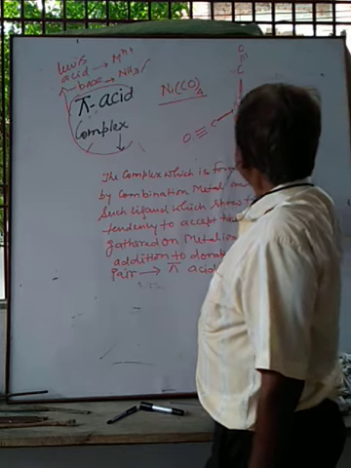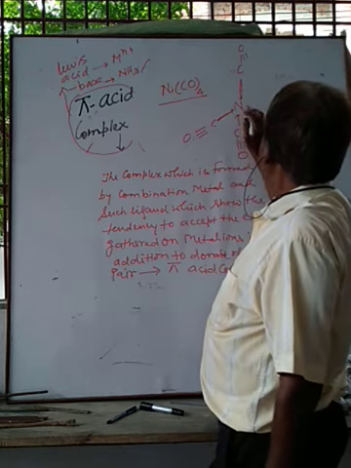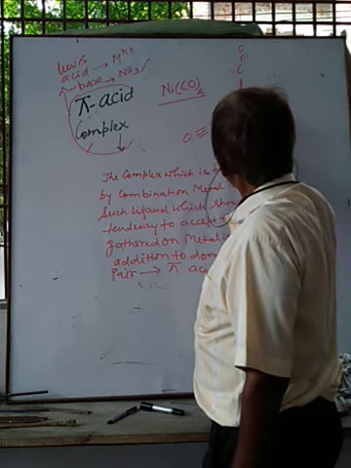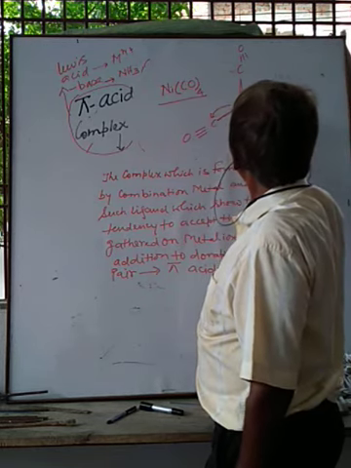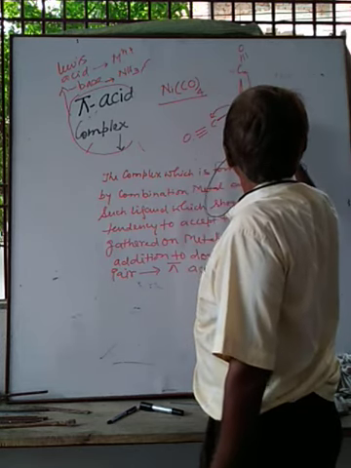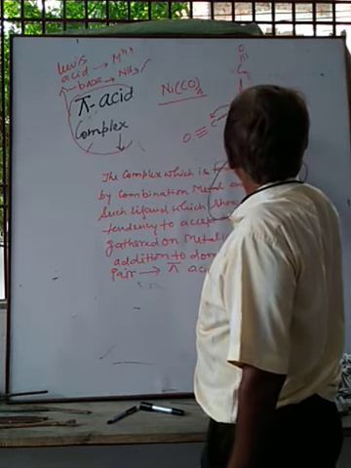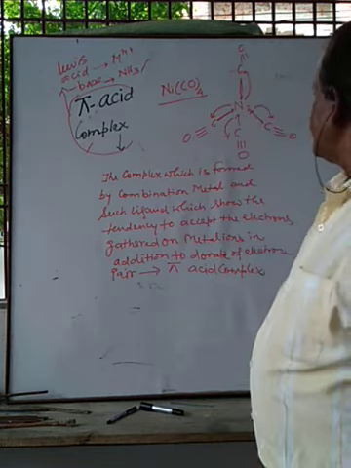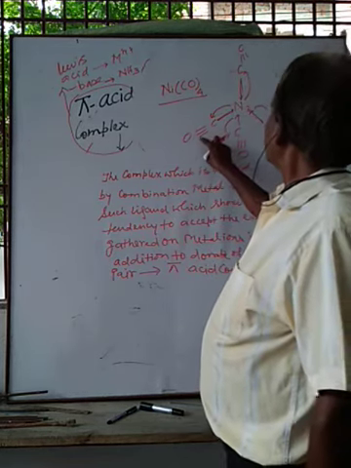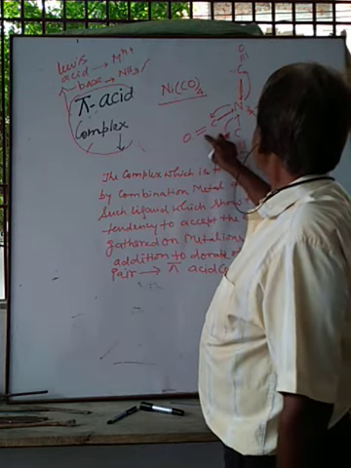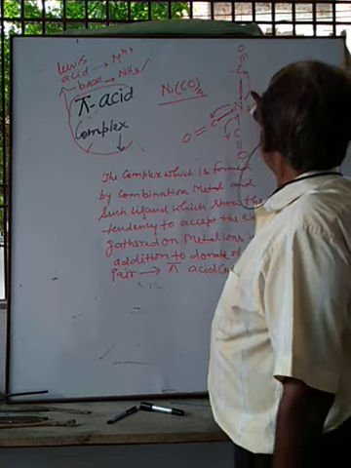But simultaneously, the carbon monoxide also accepts electrons from nickel to carbon. Under this condition this is no longer a triple bond, but it will have partial double bond character.